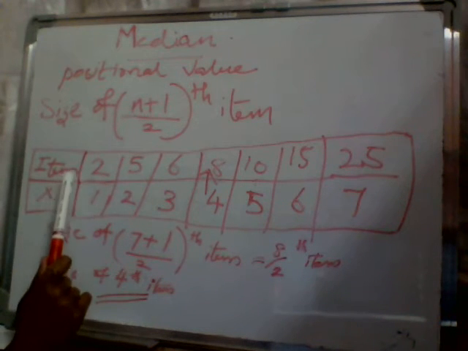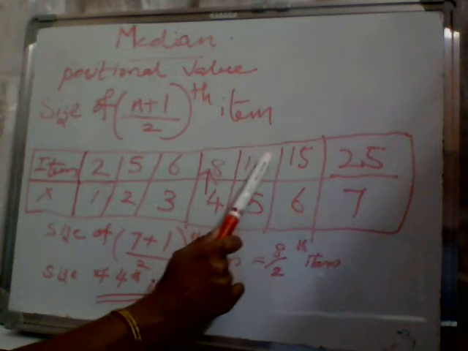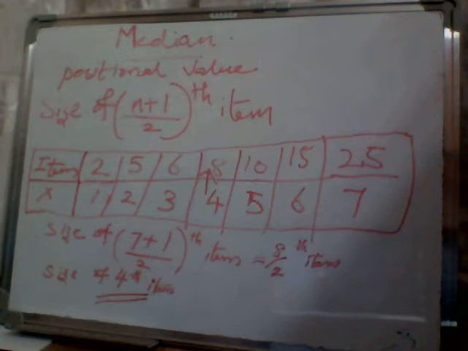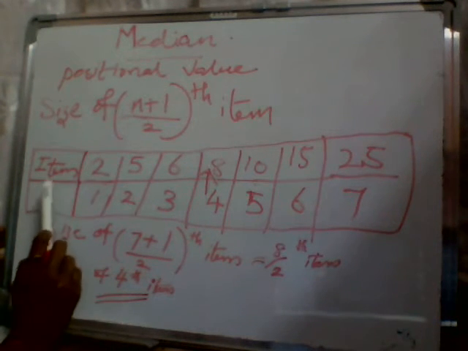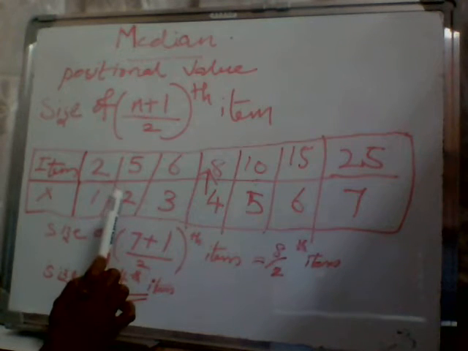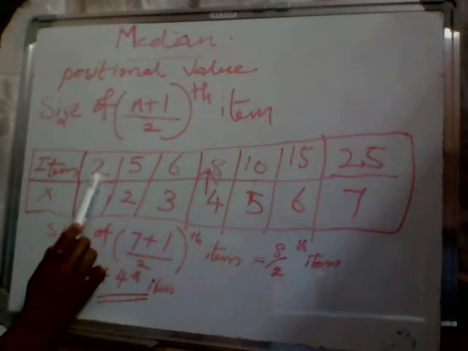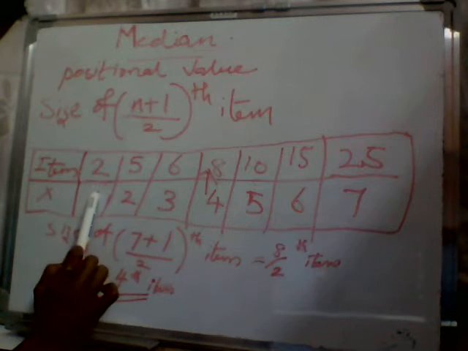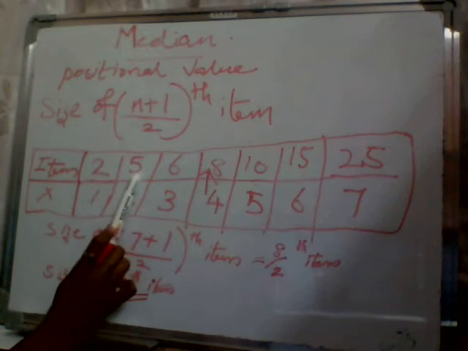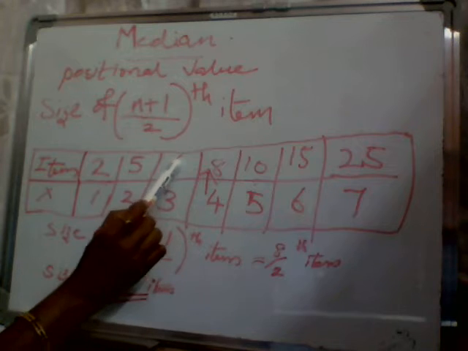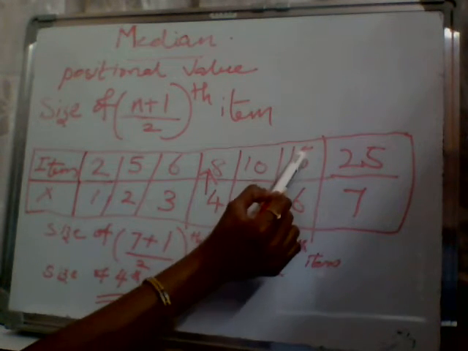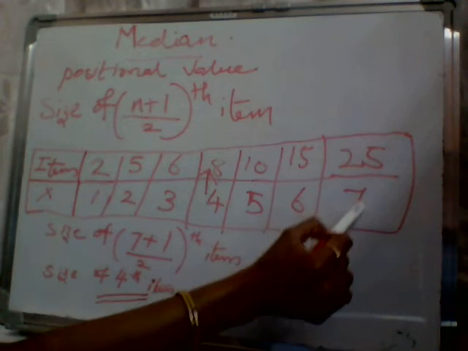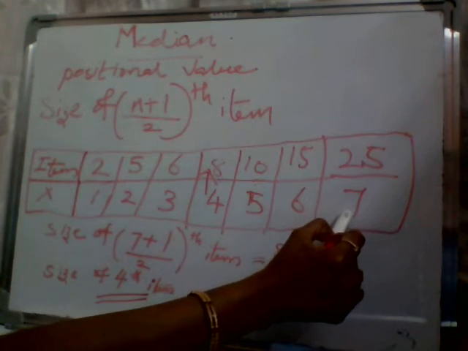The question is 2, 5, 6, 8, 10, 15, 25. Find out the median. First, we need to give some positional values. 2 is the first, 5 is the second, 6 is the third one, 8 is the fourth one, 10 is the fifth one, 15 is the sixth one, then 25 is the seventh one.